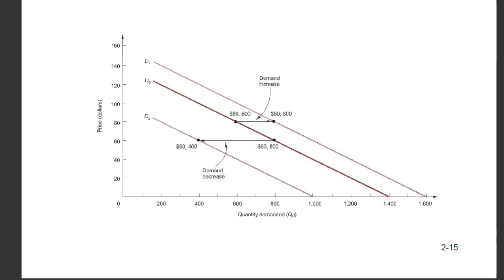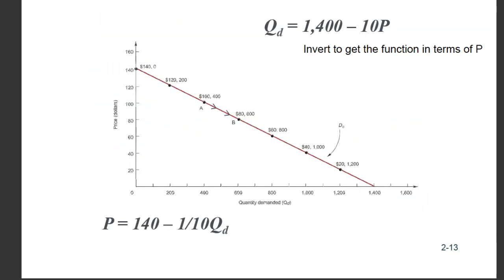Oh my goodness, disappeared. There. So you would invert this function to get it in terms of P, or just do it this way as I presented it here. Okay, I'm going to continue.